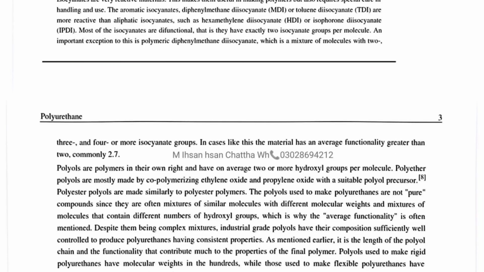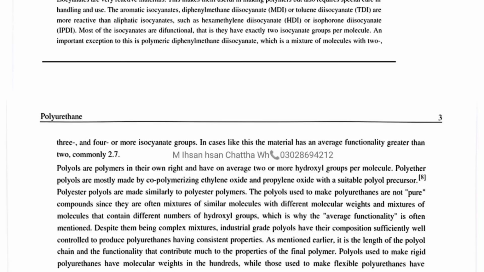Polyols are polymers in their own right, having an average of two or more hydroxyl groups per molecule. Polyether polyols are mostly made by copolymerizing ethylene oxide and propylene oxide with a suitable polyol precursor.